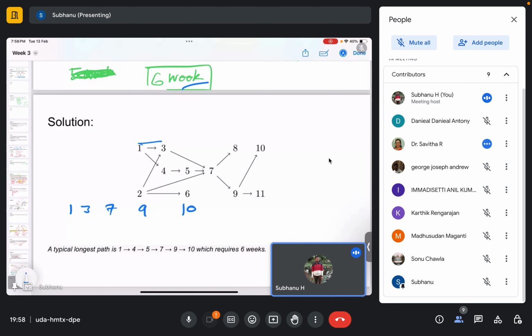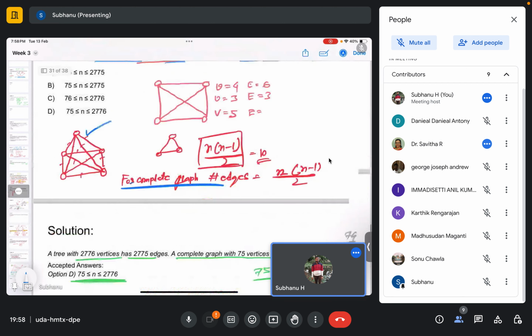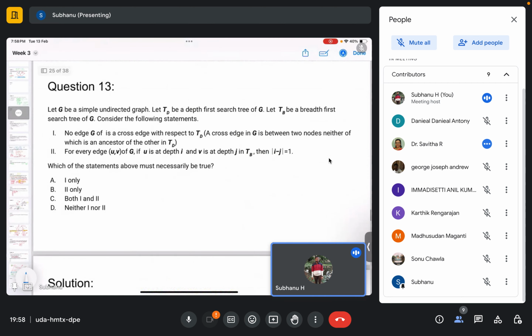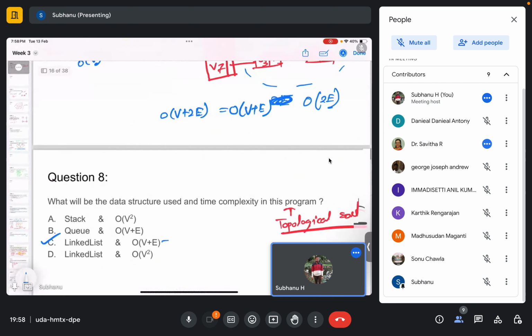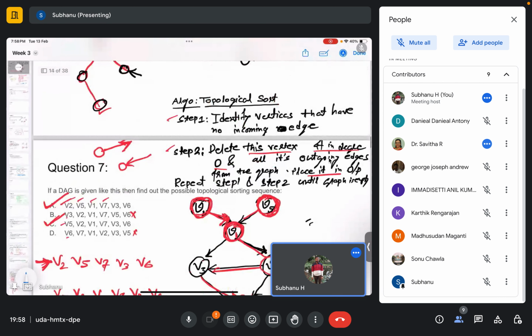But see, in topological ordering, before writing these 3, you must finish this 2. Okay, so this can be possible. When I wrote the algorithm for the topological sort, I wrote that you delete the vertex of in-degree 0.